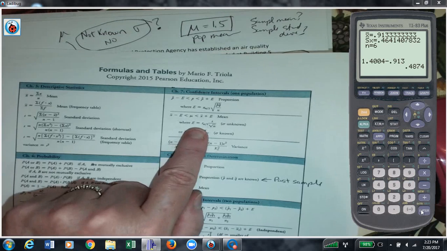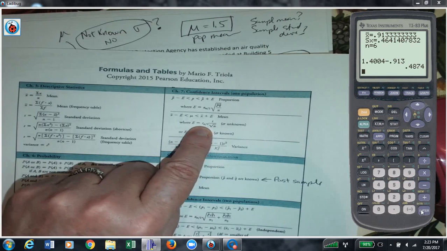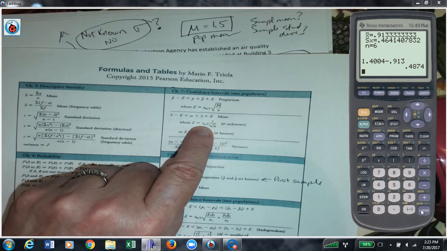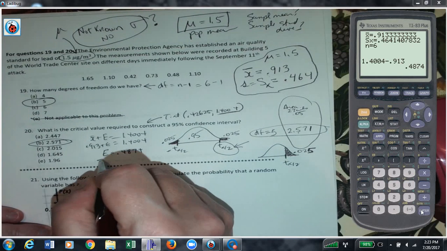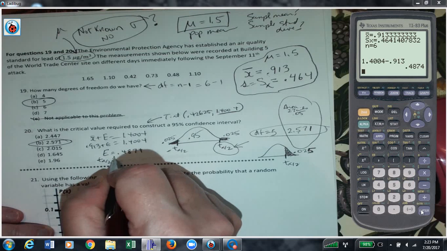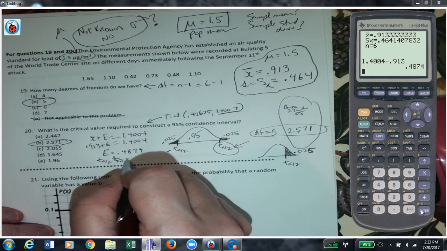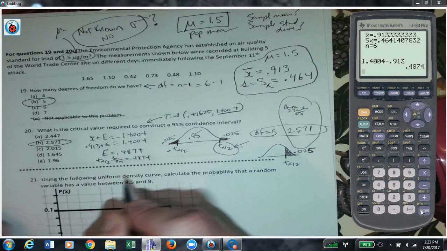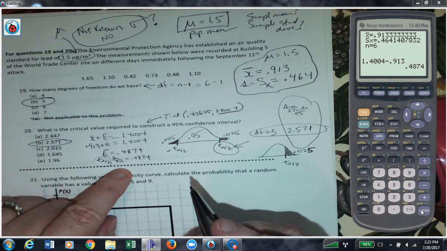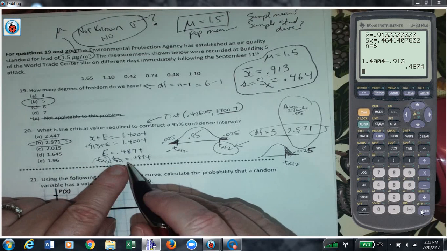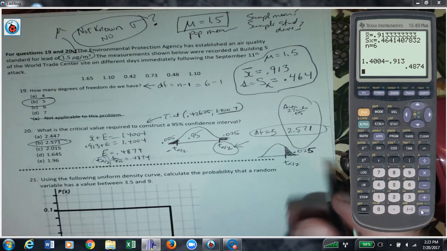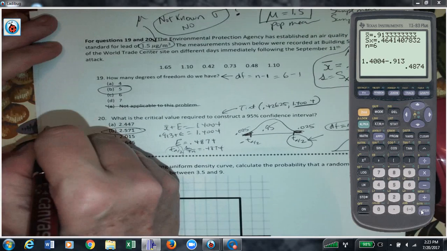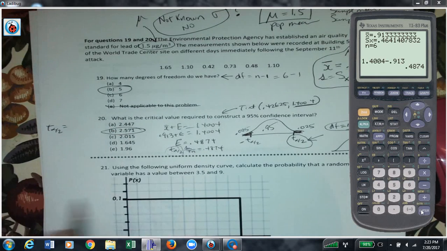But E is equal to the critical value we want times S over square root of N. So to get this guy here, I'm going to need to multiply both sides by square root of N over S, the flip of this. So this is turning out to be really long if you've only got an 83 plus.